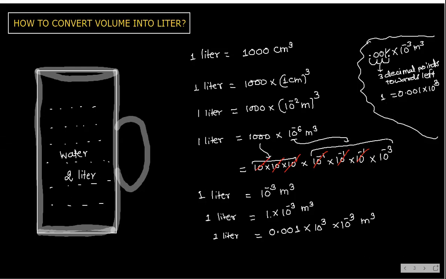And this is 10 power minus 3 as it is. So therefore, can I write like this? 1 into 10 to the power minus 3 is equal to 0.001 into 10 to the power 3 into 10 to the power minus 3. Is that clear?